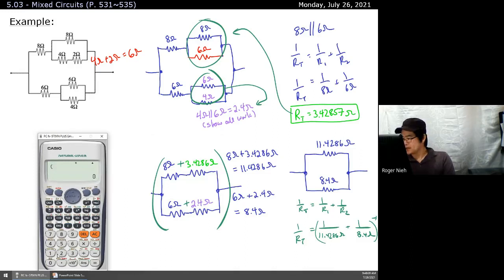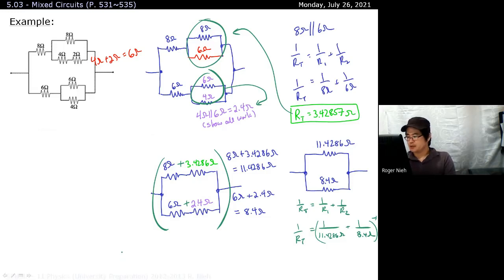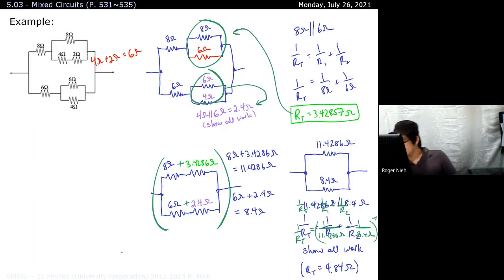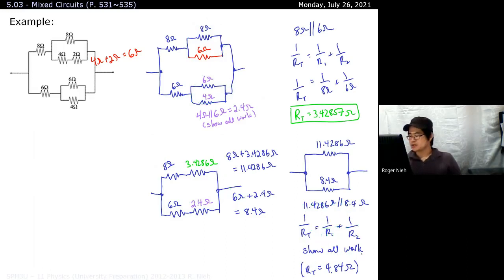So open bracket, 1 fraction, 11.4286 plus 1 fraction of 8.4, close bracket, to the power of -1. It's just yet another way to get to the same answer of 4.84. And that will be our answer here. Okay. So our RT will be equal to 4.84 ohms no matter which way you decide to solve this problem here.